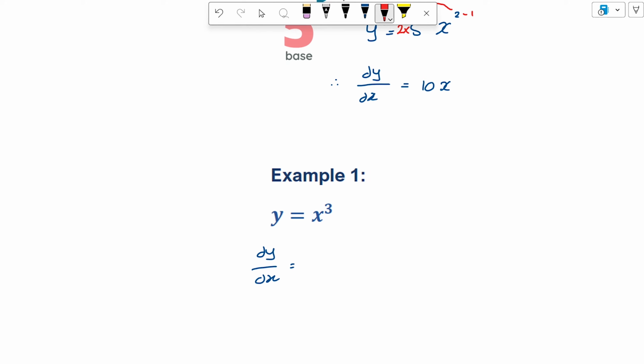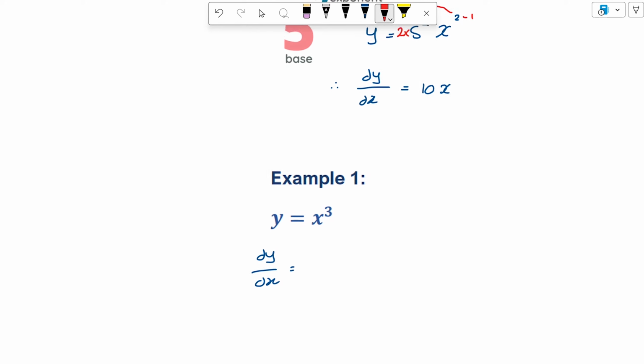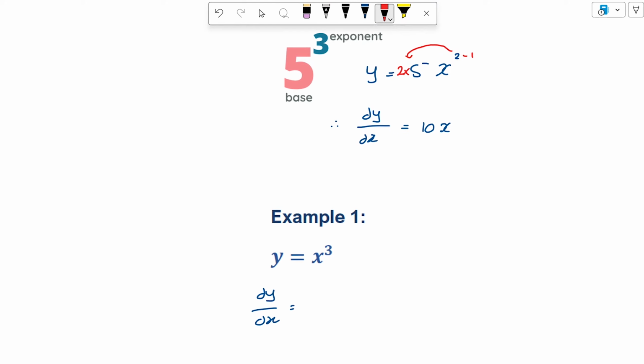Bring down the exponent, sorry, not the coefficient. Bring down the exponent 3. So 3 times the coefficient of x, which is 1. We don't write the 1, so the coefficient is 1. 3 times the coefficient x, and then we need to subtract 1 from the exponent, so that's going to be 2.